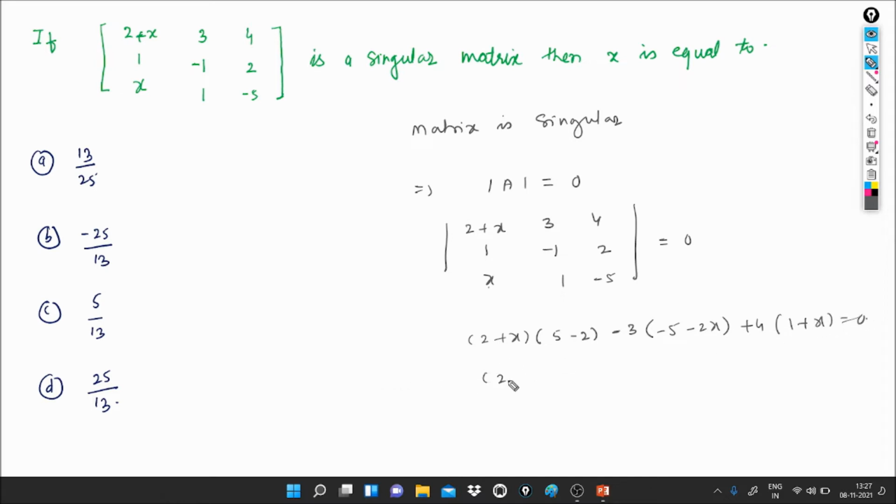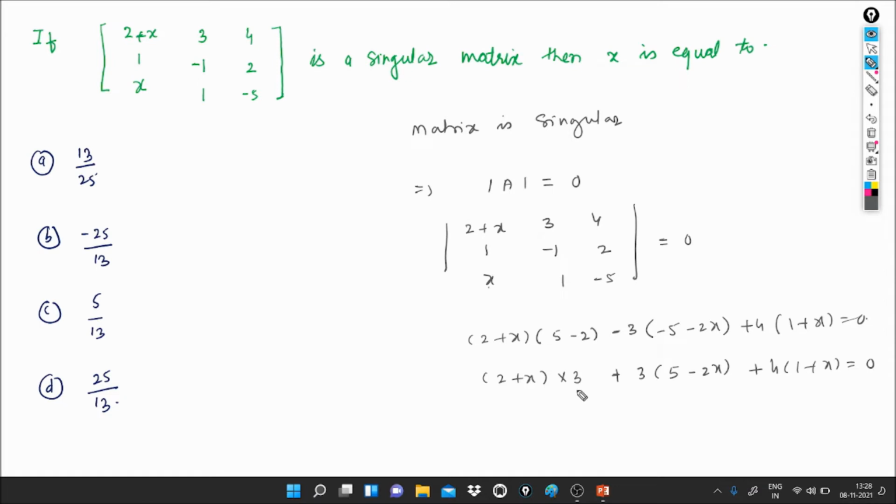So this is 2 plus x into 3, minus, taking out minus common, it will be plus 3 into 5 minus 2x, plus 4 into 1 plus x.